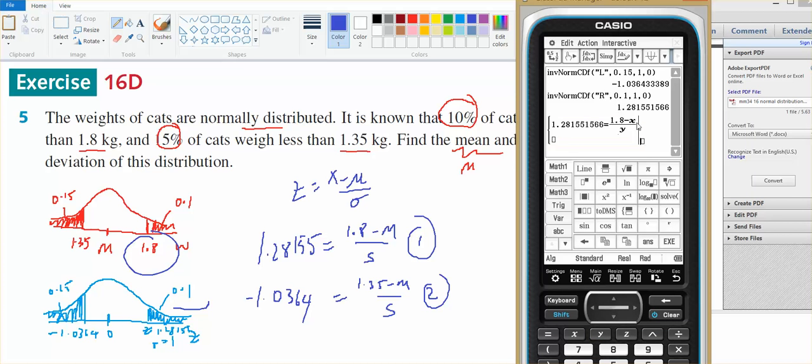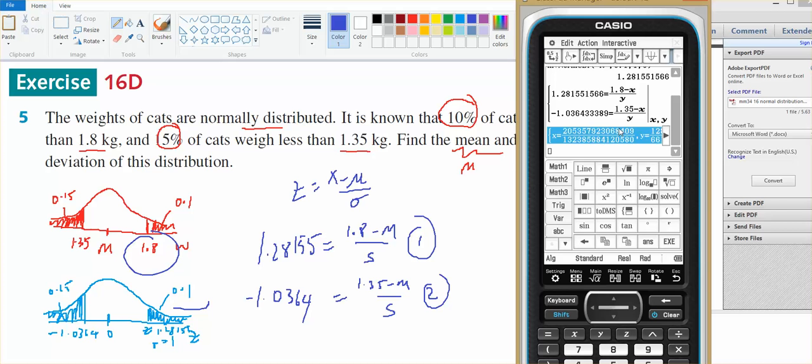And I might put the next equation into a new line, and that's going to equal this other value for Z, and I can make that 1.35. And I'm going to solve that for X and Y. Execute.